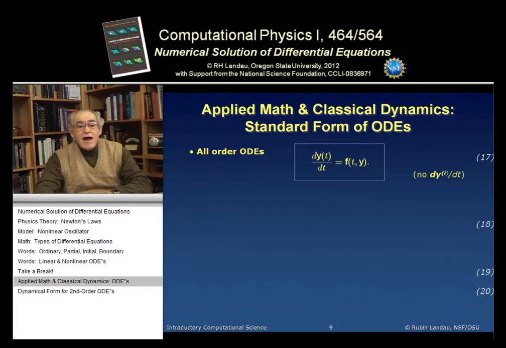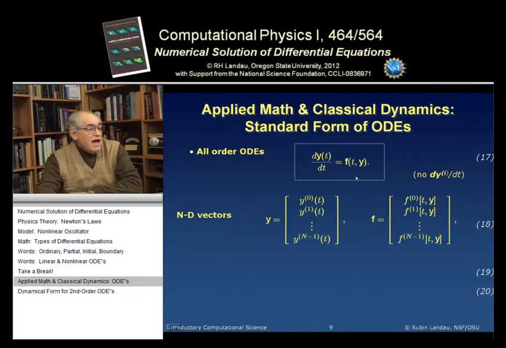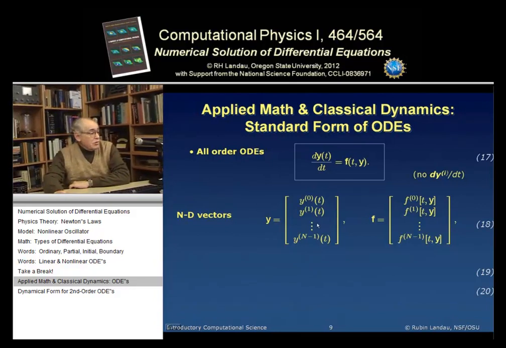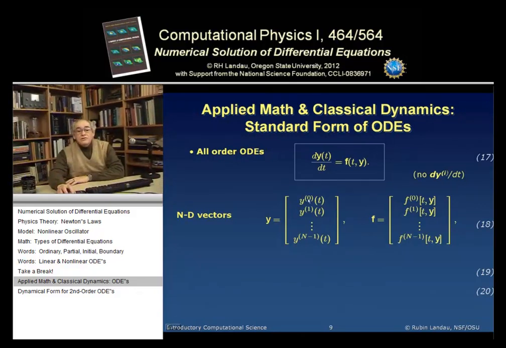We could draw a little arrow above them, but that might remind you of elementary physics, and mathematicians don't do that. And these vectors are not three-dimensional vectors. They can be any dimension. So both y and f can be a whole column of numbers. And y can have, using the computer scientist way of counting, which is not how mathematicians count, the 0th component at the top, next component, and going down to n minus 1.